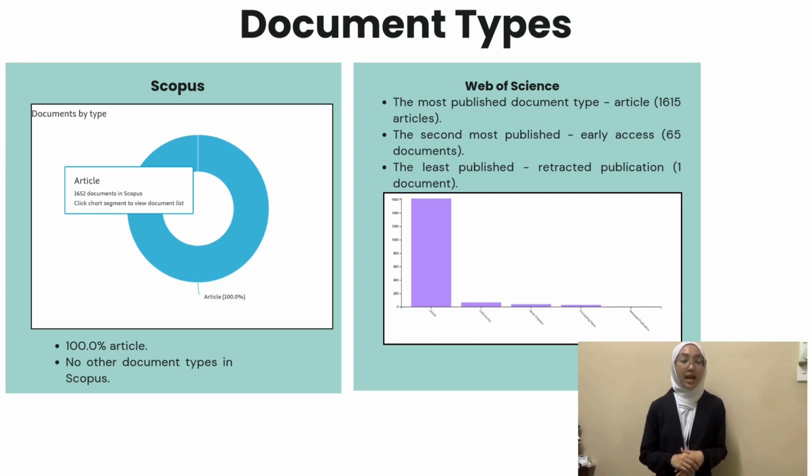Meanwhile, the second highest is early access, which recorded 65 documents. However, the least document type published is retracted publication, with only 1 document.